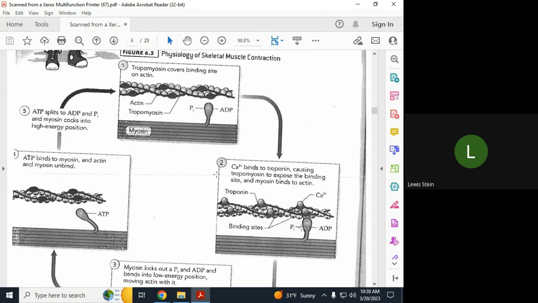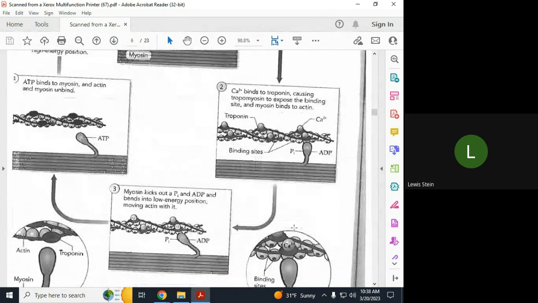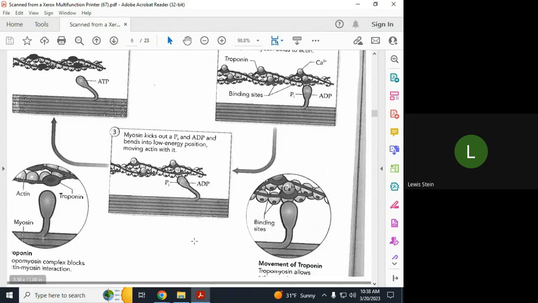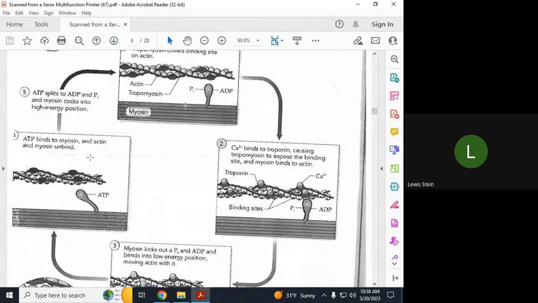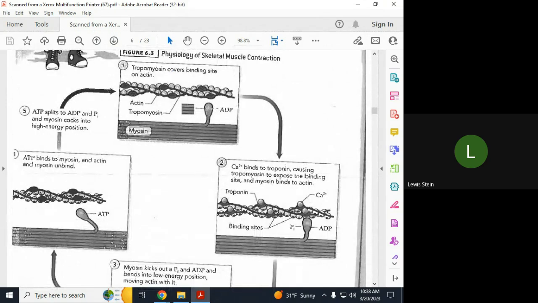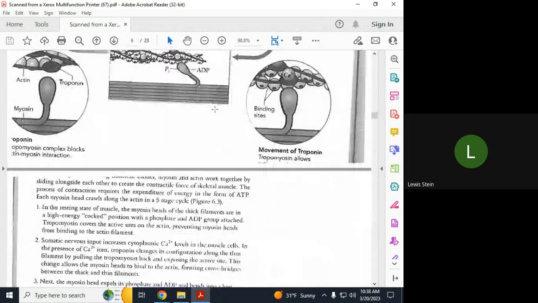When it fires, the binding occurs, and then sort of simultaneously, the inorganic phosphate is expelled. The ATP is low energy, and then it looks like this. To unbind it, it has to be replaced by ATP. And then as the ATP hydrolyzes, we get the recocking. Those steps you should remember.